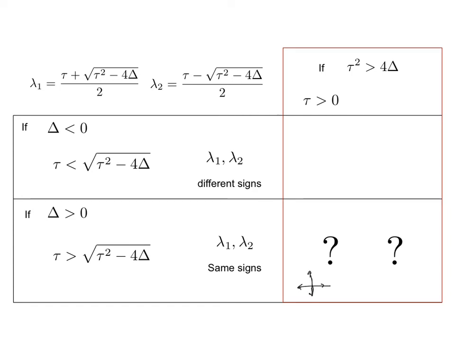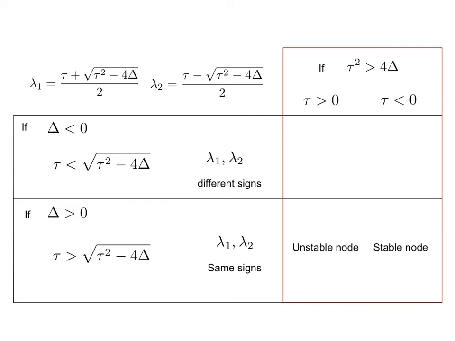This is also positive. So at the end of the day here we have a repeller, an unstable node. In the other case we will have an attractor, a stable node.